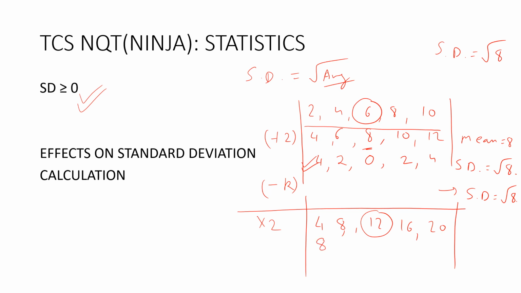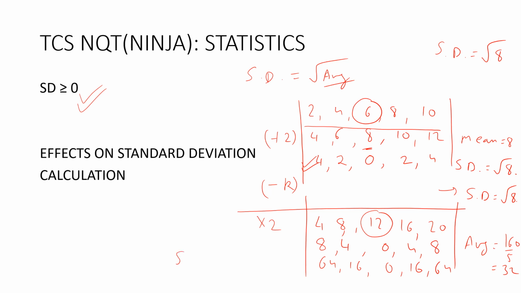My deviation from the mean is 8, then 4, then 0, then 4, and then 8. If I square them, my squares would look like this. And if I take the average, you would say 160 by 5, which is 32.